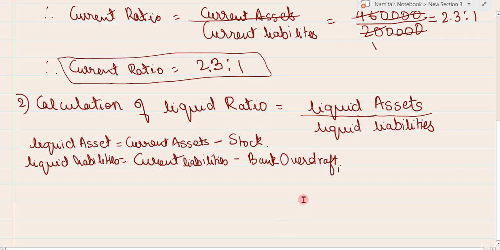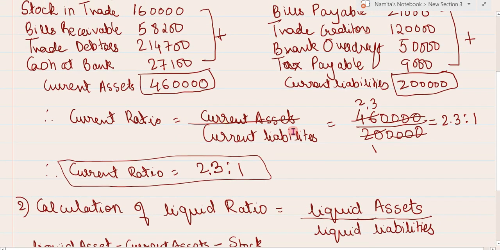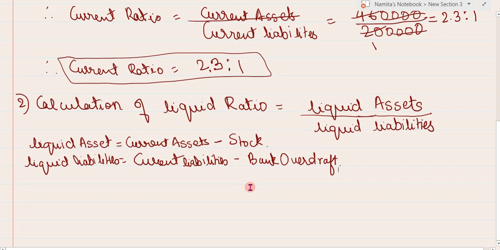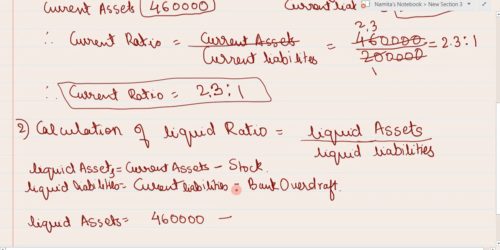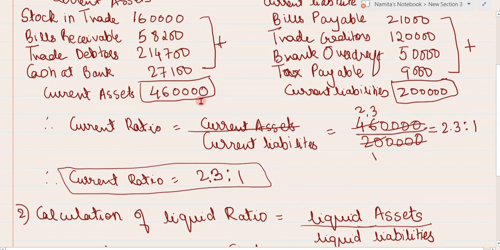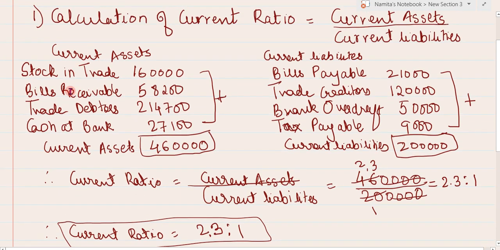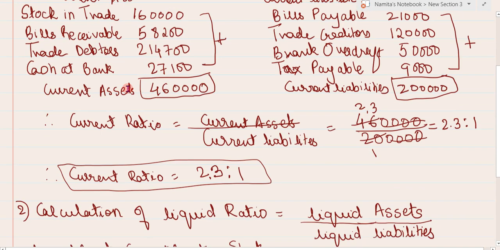Or we can do this also. Current assets total is 4,60,000, and in 4,60,000 stock in trade is also included.